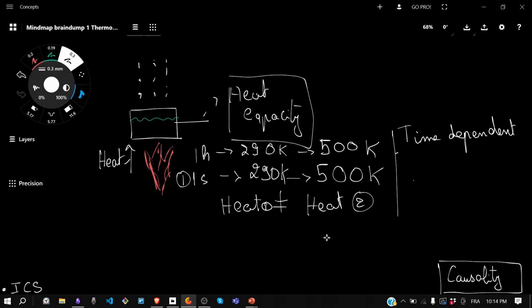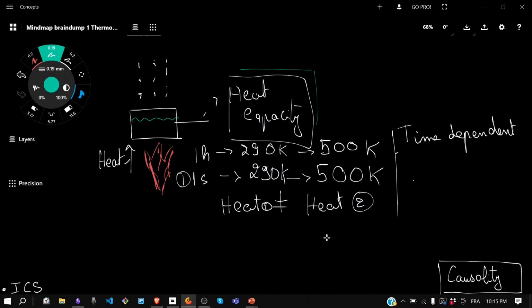Now, heat capacity is the amount of heat that a material can transfer or endure through time. And I'm not sure exactly what the definition is. It has to do with the amount of energy.